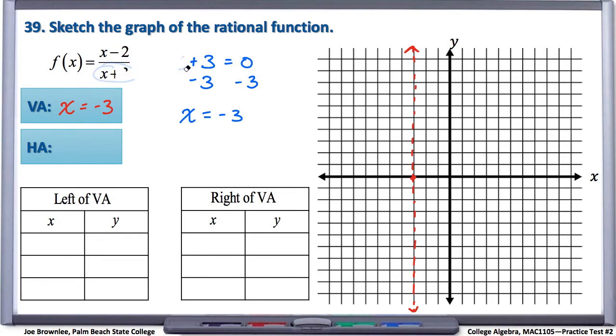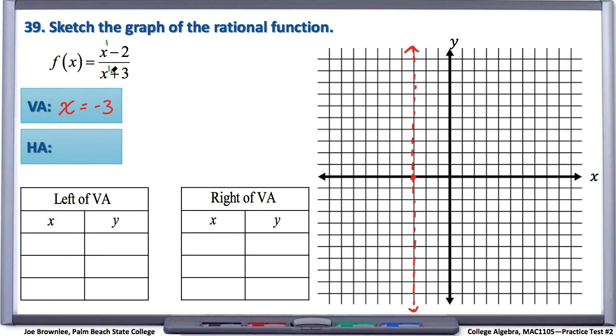Now let's find our horizontal asymptote, and how about we use green? The horizontal asymptote in this case is relatively easy. Based on what we looked at a couple questions ago, it's found using a combination of the numerator and denominator, because what's the highest degree upstairs? Well, that's a 1. What's the highest degree downstairs?